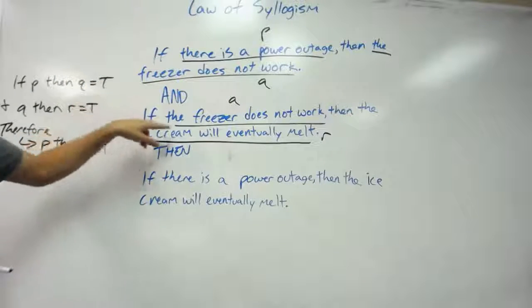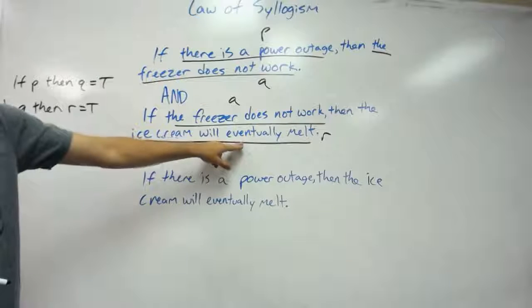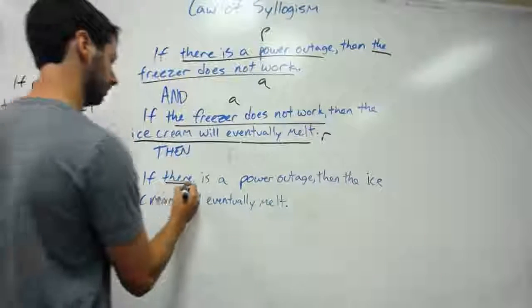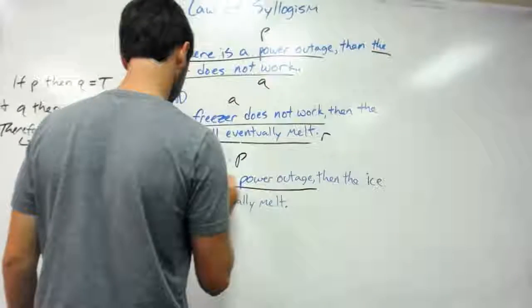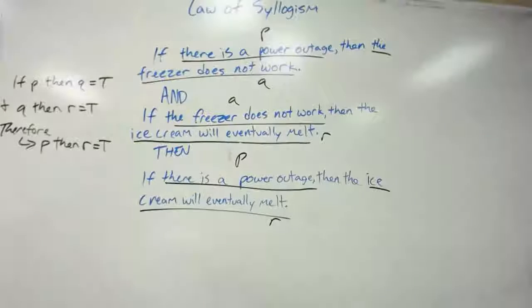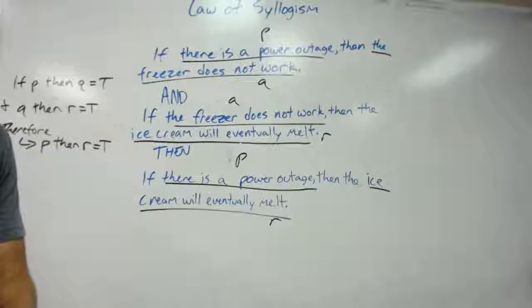Then it says if Q then R is true. Our then or therefore statement is if P then R. And so that's all the law of syllogism is. It's really the transitive property that we've used in the past. But that is the end of lesson 21.